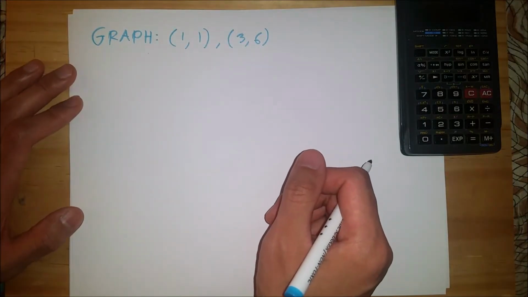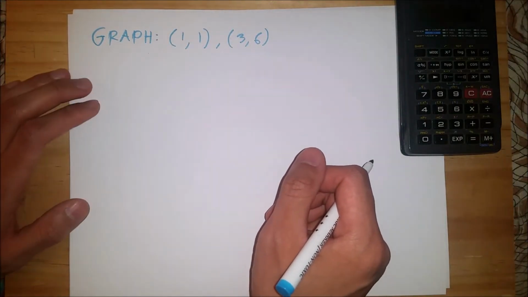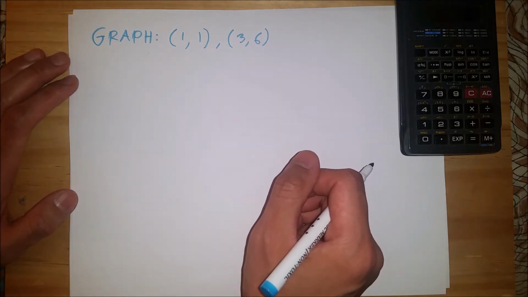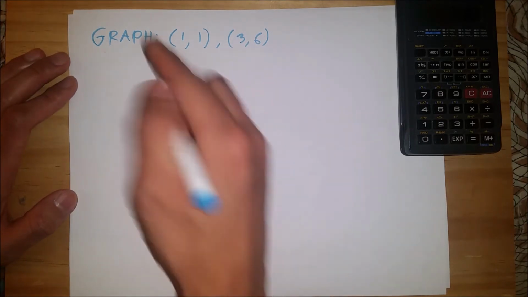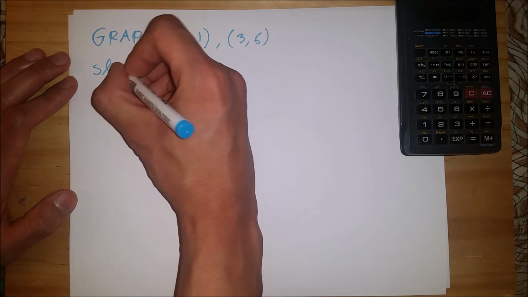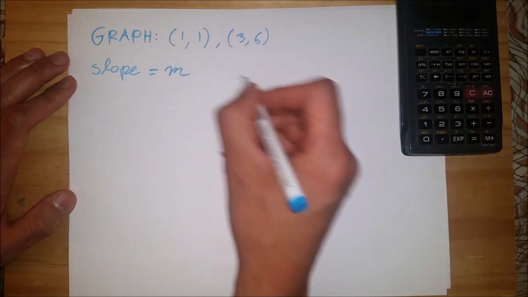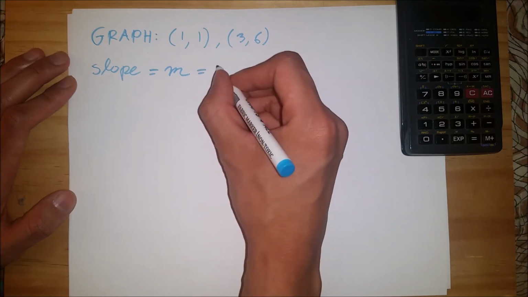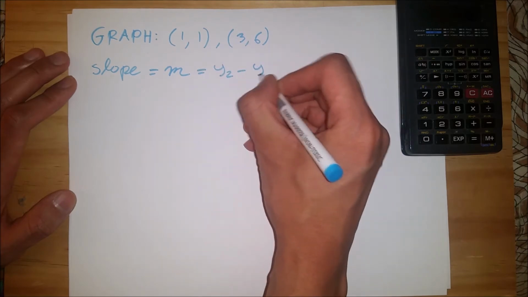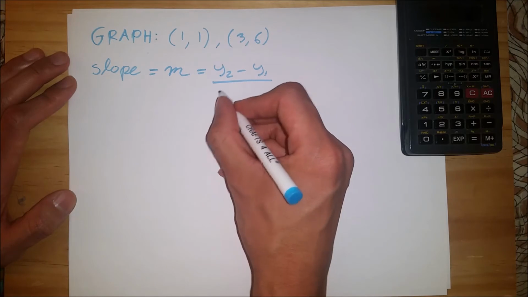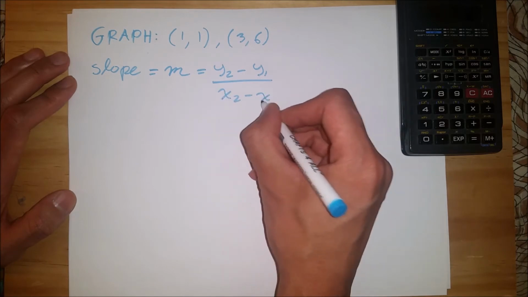So when we graph this, the first thing that we have to do is find the slope, right? Remember, the slope is equal to m, and m is equal to y2 minus y1 all over x2 minus x1.